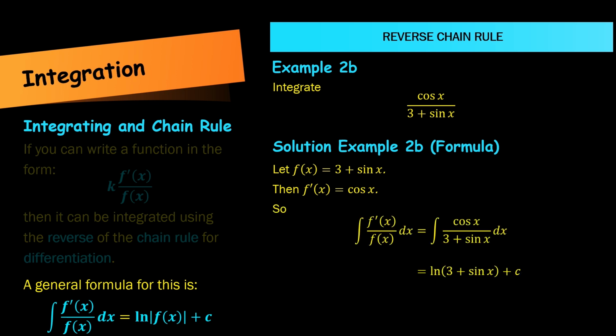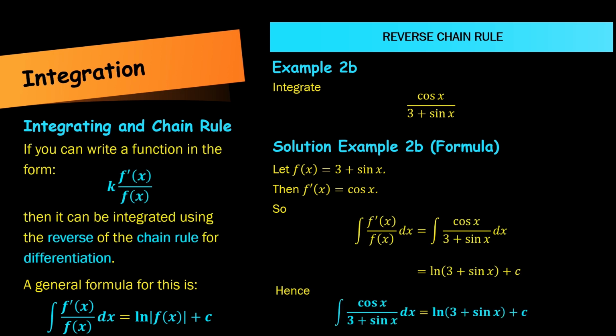And so if we apply our formula, we have that the integral of f dash of x over f of x dx equals the integral of cos x, here of course plugging in f dash of x, divided by 3 plus sine x dx. And this is, of course, equal to ln of 3 plus sine x plus c. And we have this from our formula. And so we have our integral.